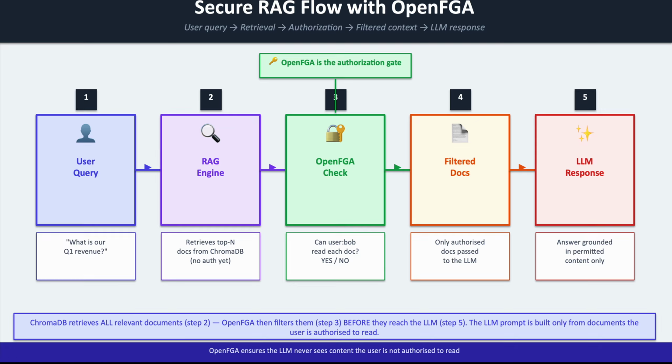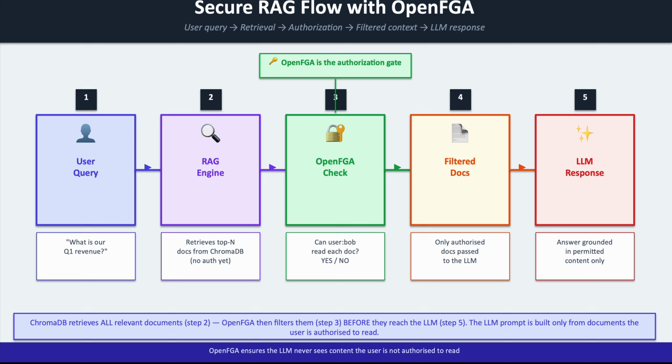OpenFGA uses relationship-based access control, and it uses a relationship model to say that if this user is part of a department, the documents that are part of the department can only be retrieved or used by the user, right?